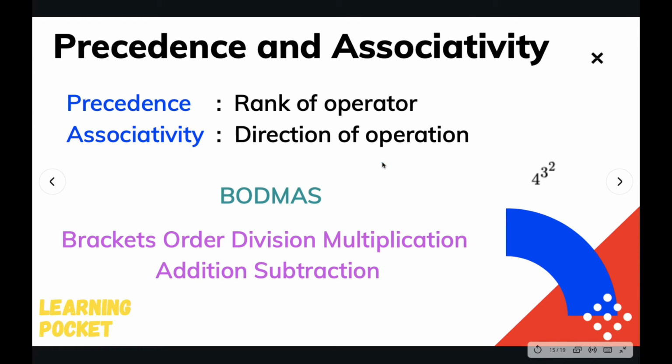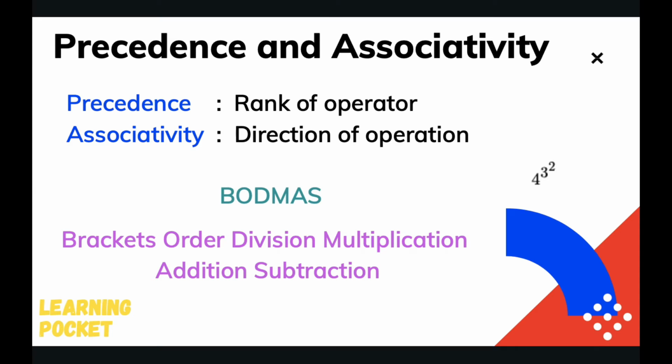What do you mean by direction of operation? If you are using a single type of operator and you have used it multiple times, which side should be executed first? Should it be from left to right or right to left? Say you have 4 to the power 3 to the power 2.